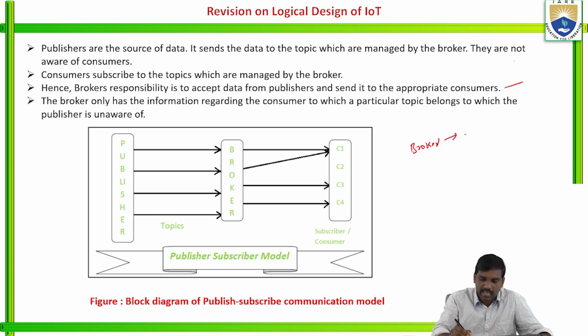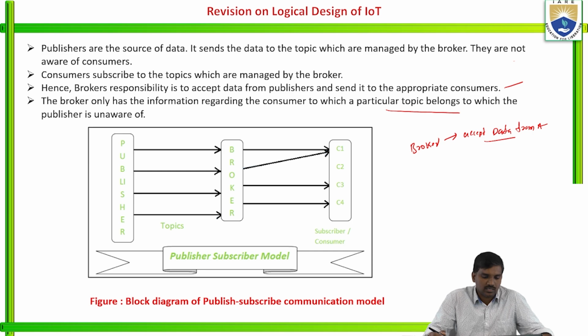It accepts data from the publishers and sends it to the appropriate consumers. The broker alone has the information regarding the consumers and to which consumer a particular topic belongs, of which the publisher is unaware.